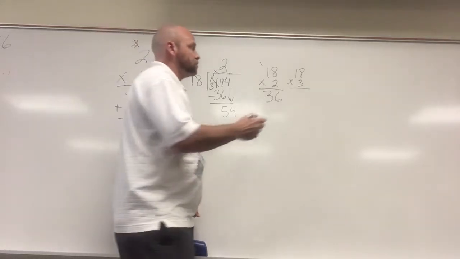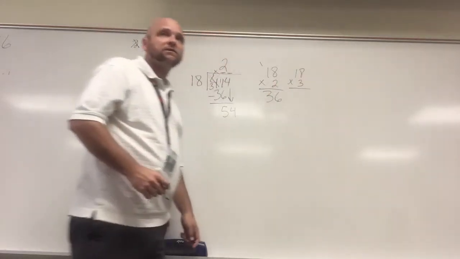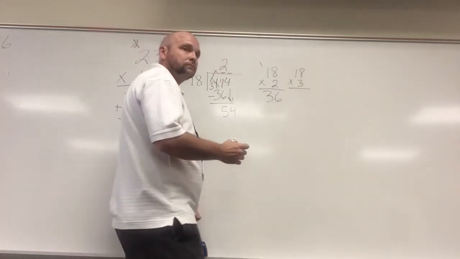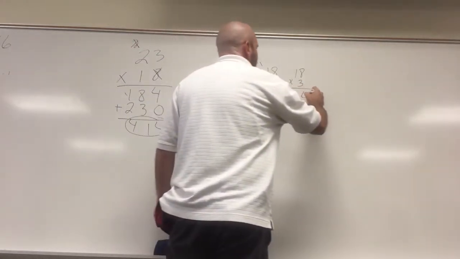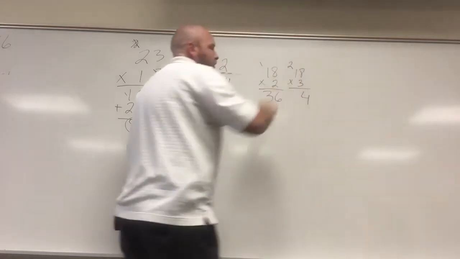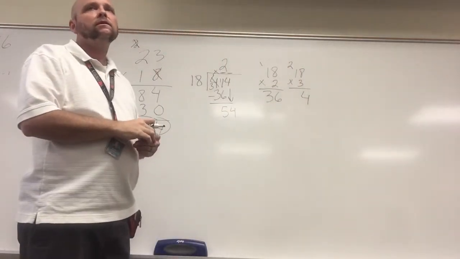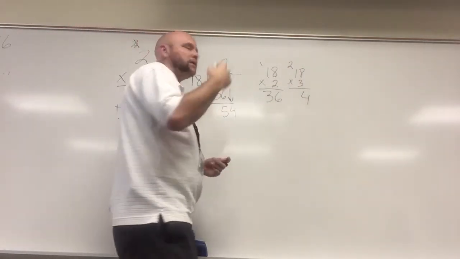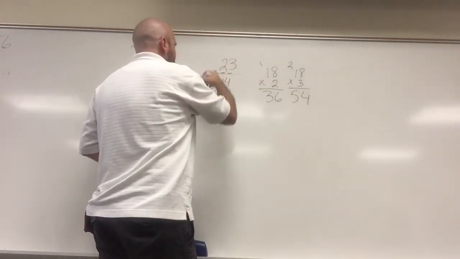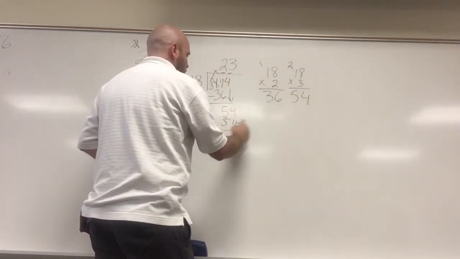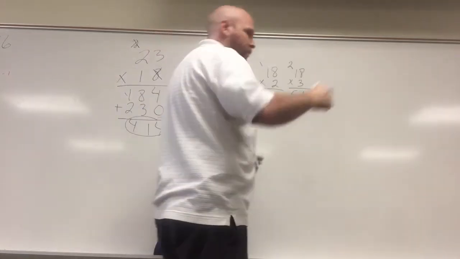So we're just doing 1 digit at a time. 8 times 3 is 24. Okay, my 2, 3 times 1 is 3, plus 2 is 5. Excellent. So that's 54, subtract 0. All right, just put it there.